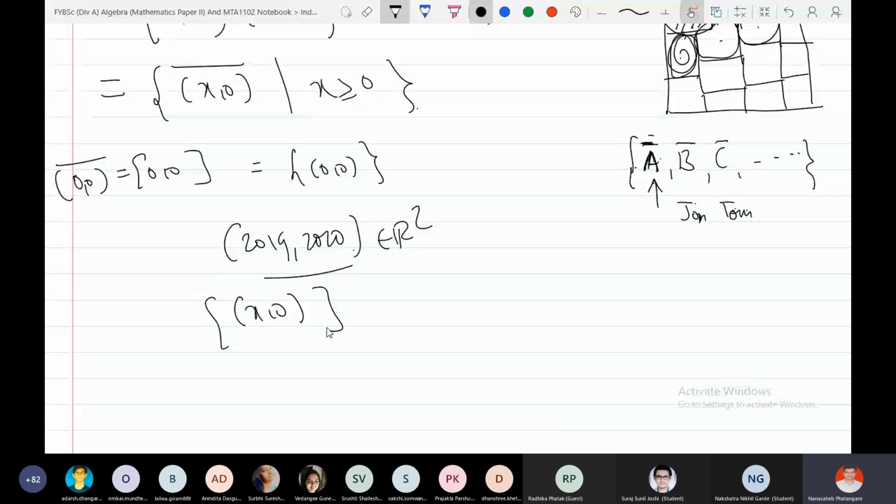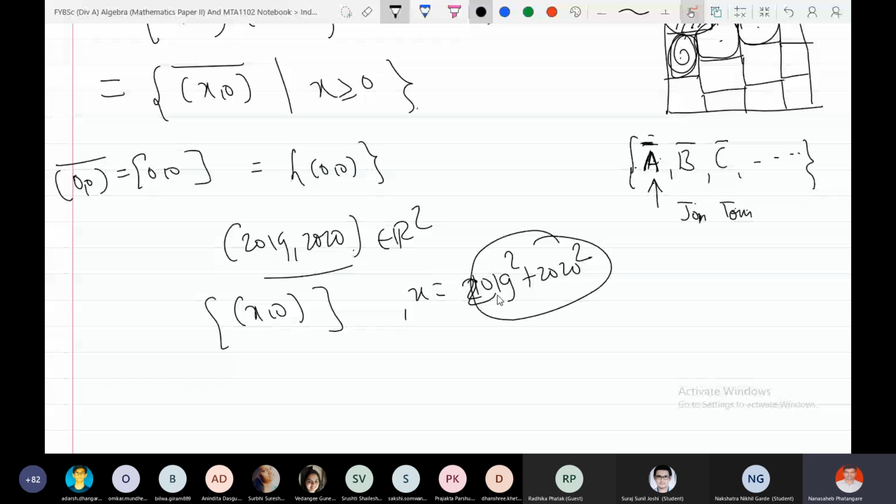What is x in this case? 2019 squared plus 2020 squared. Whatever this number is, I will take this number as x, with 0. So look at its class. This class is the same as that of (2019, 2020). So 2019 squared plus 2020 squared, that number is somewhere here.